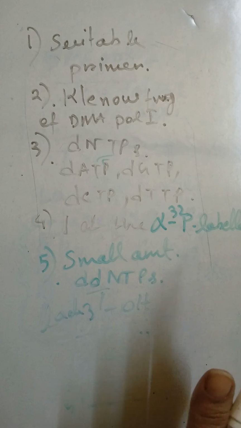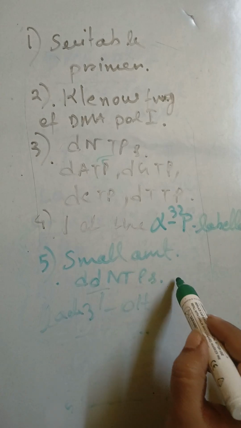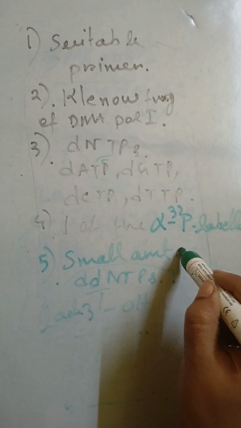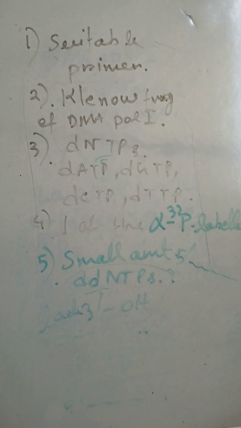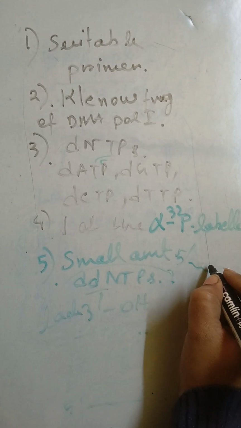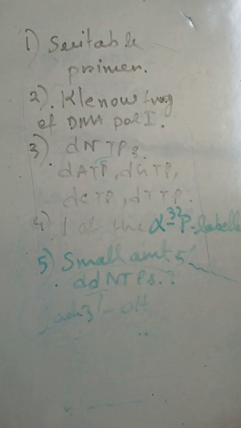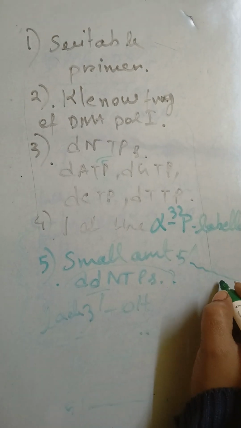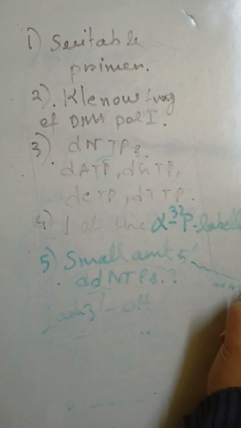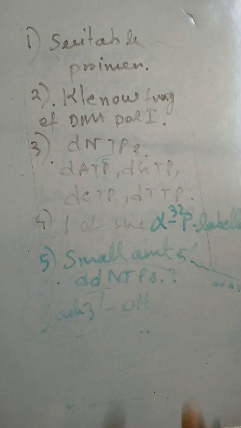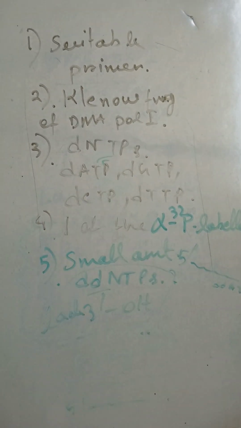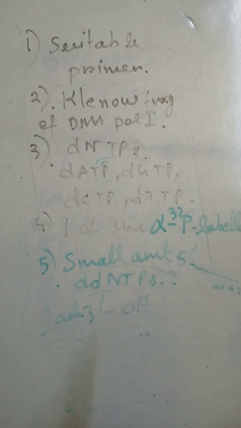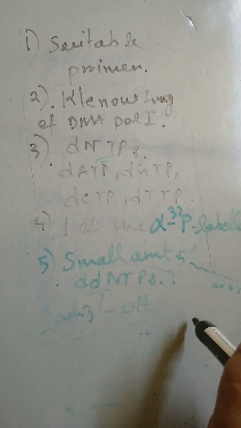So whenever dNTPs are present in a reaction mixture, suppose you are adding dATP, dGTP, something like that, if ddATP is by chance added at the end after any normal dNTP, under that condition the replication will be stopped. Why?